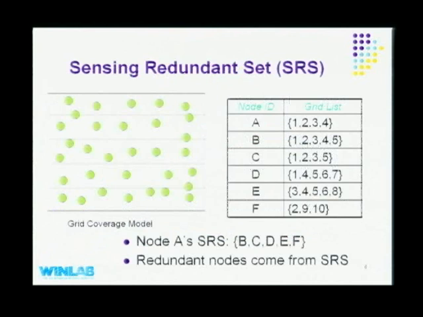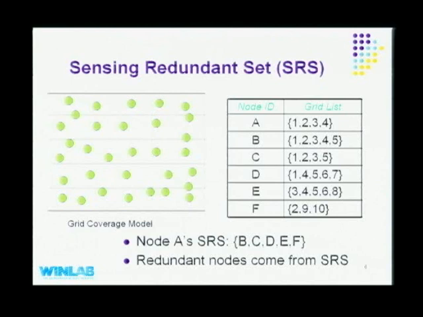So before I go into the details, let me introduce some key concepts which are vital for us to understand our algorithms. First, the sensing redundant set. So let's look at this table and graph separately. Here, this is a grid coverage model. Essentially, we virtually partition the network field into very regular grids, and each of these green circles represents a node.